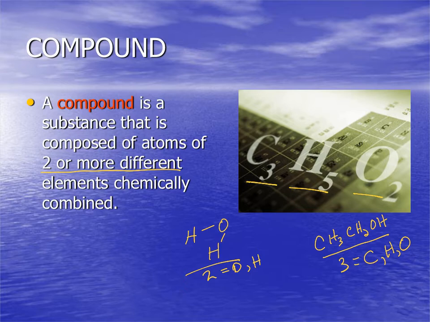If you look here, how many atoms are involved? There's only 2 elements in water, but there's 1, 2, 3 atoms. So there's 3 atoms and 2 elements. Here in ethanol, you have only 3 elements, but you have 1 plus 3 is 4, plus 1 is 5, plus 2 is 7, plus another one is 8, and the last is 9.